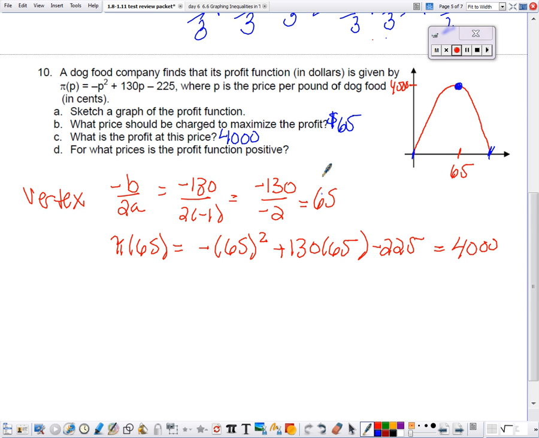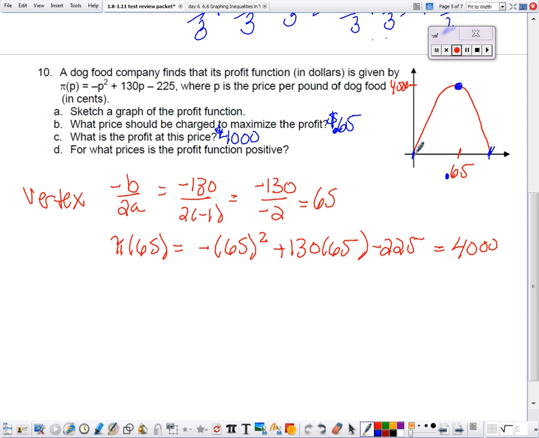Oh, my units are off here. It's not actually $65. If the profit function's in dollars, but P is in cents, this is not $65, that's actually 65 cents. So a decimal point there will make a difference. But profit is in dollars, so $4,000 is still correct.